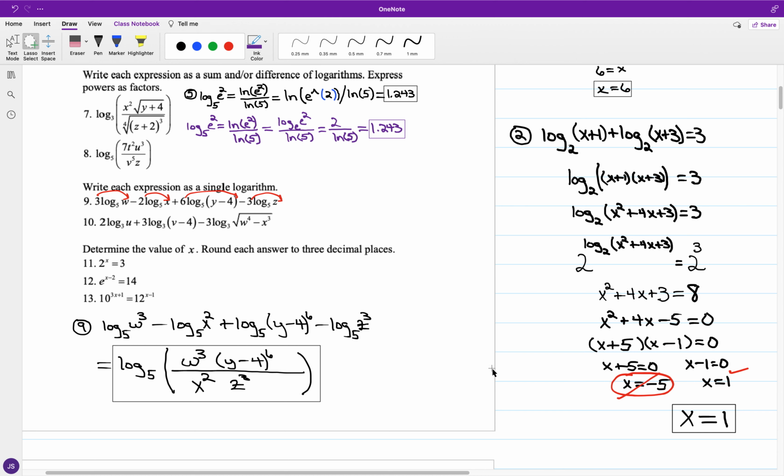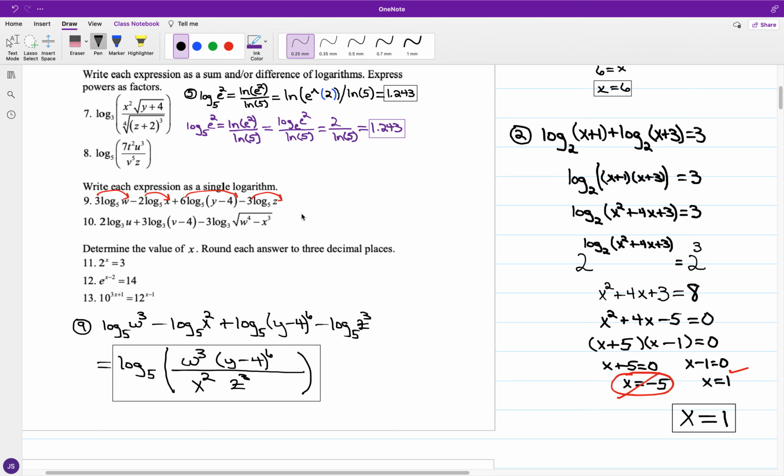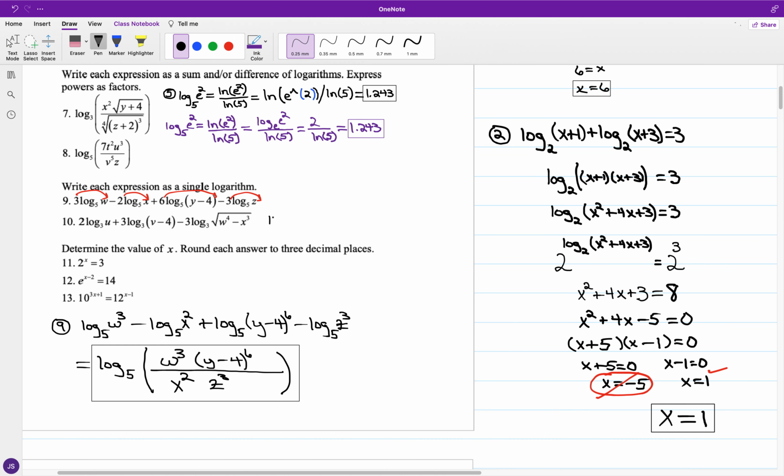All right, now for the next item. We're looking at writing once again as a single logarithm. We'll do this in two ways to start out.